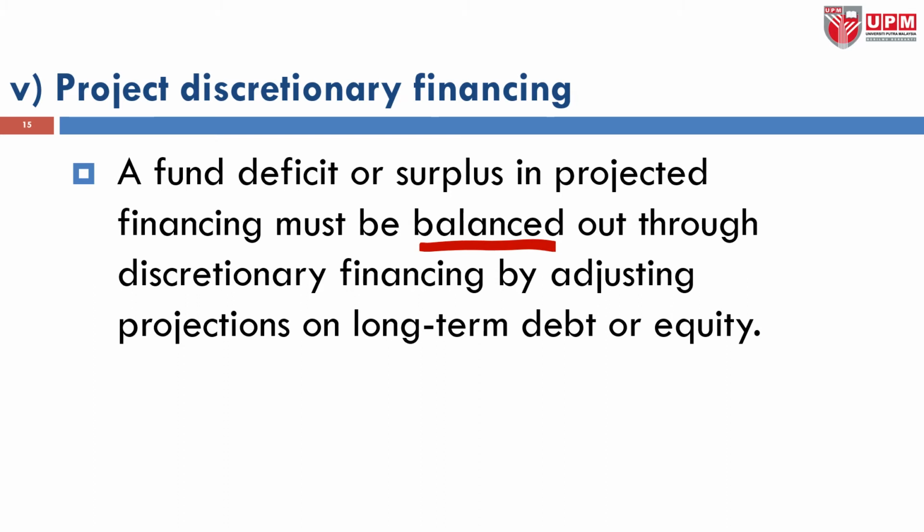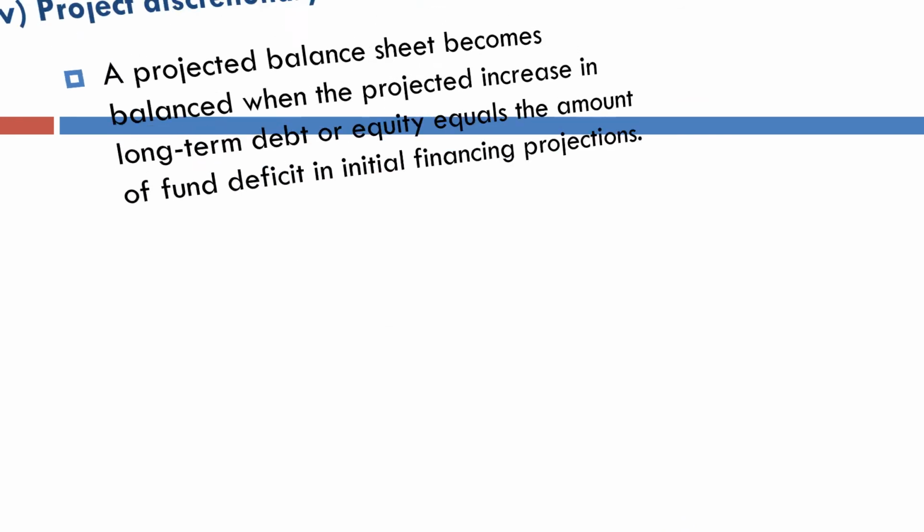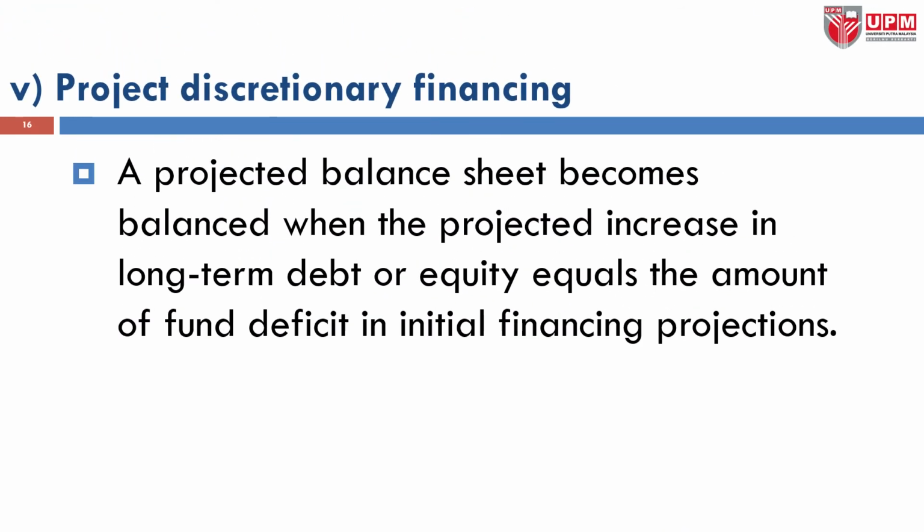This is the term, discretionary financing, by adjusting projections on long-term debt or equity. A projected balance sheet becomes balanced when the projected increase in long-term debt or equity equals the amount of fund deficit in initial financing projections.